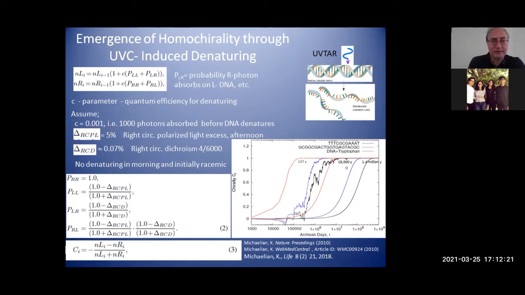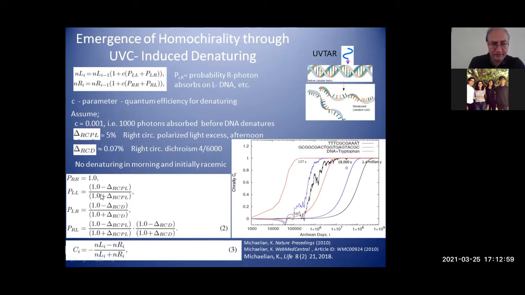And we assume we initially start with a racemic distribution. That means we have equal right-handed and left-handed components of DNA. And so we calculate the probabilities. You can convince yourself that these are the probabilities here at the bottom left. So if we assume that the probability for a right-handed photon being absorbed on a right-handed DNA is 1, then we can calculate what we would expect for these other probabilities in the afternoon when we get this right-handed circularly polarized light.